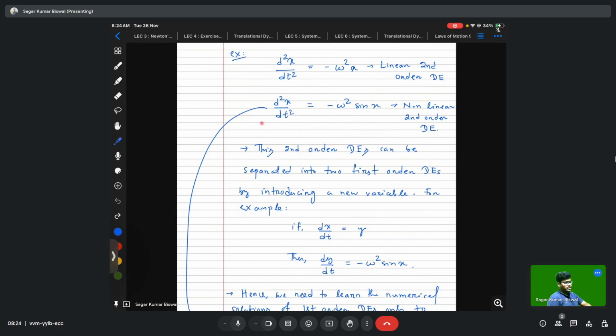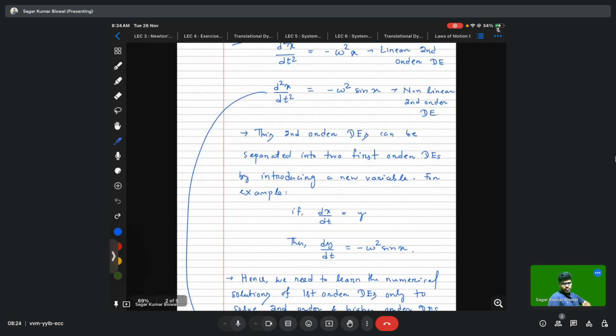But the exact equation that describes any oscillation will be this, right? So these are the examples of linear type second order differential equation and non-linear type second order differential equation.